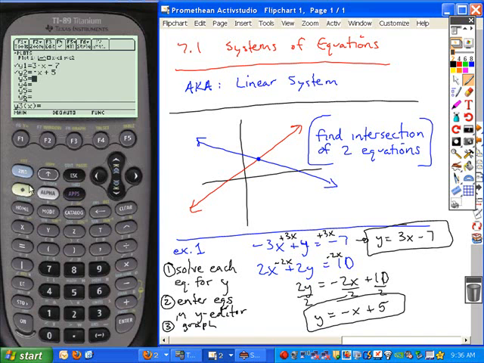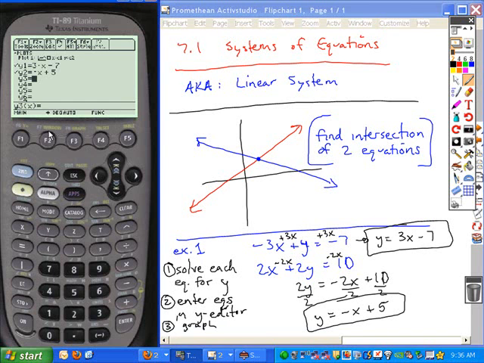Now, in order to hit the graph key, the first thing I want to do is make sure your window settings are correct. Your window settings, which is green diamond F2, should be the default of negative 10, positive 10 for the minimum and maximums for both the x and the y, with a scaling of 1 for each of those. And so if you click on green diamond F2 and these aren't the numbers that appear, go ahead and enter those.